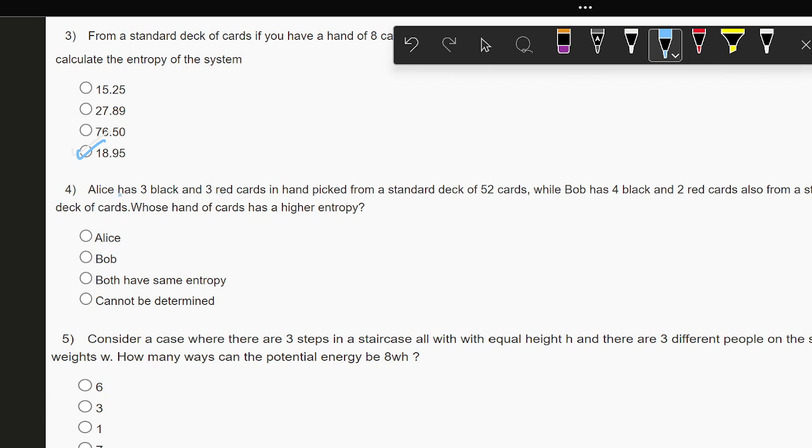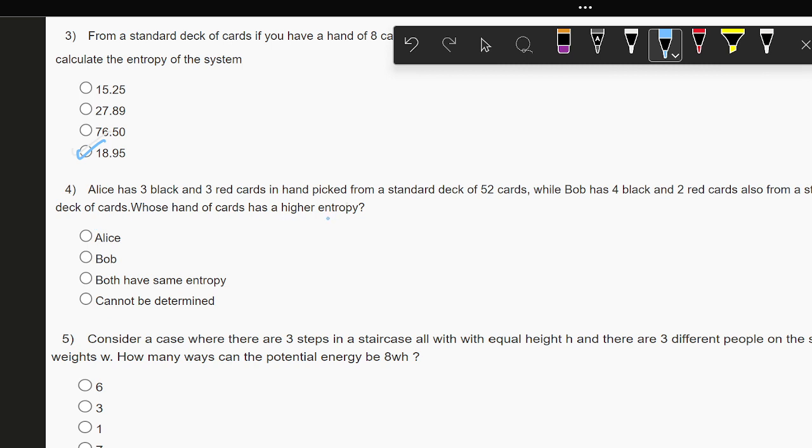So again, read the question very carefully. Alice has 3 black and 3 red cards in hand, picked from a standard deck of 52 cards. While Bob has 4 black and 2 red cards, also from a standard deck of cards. Whose hand of cards has a higher entropy?